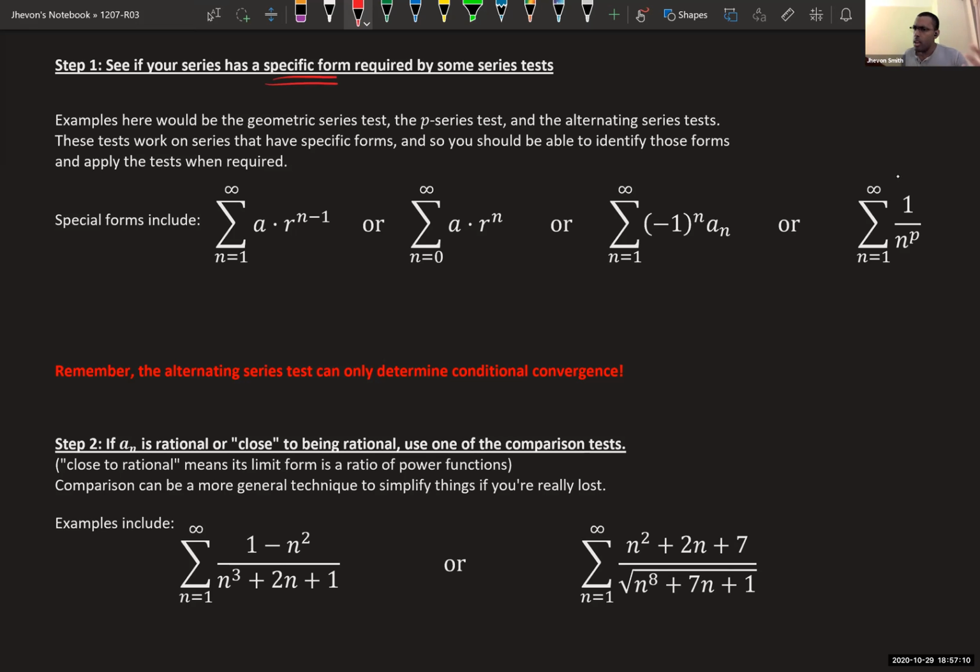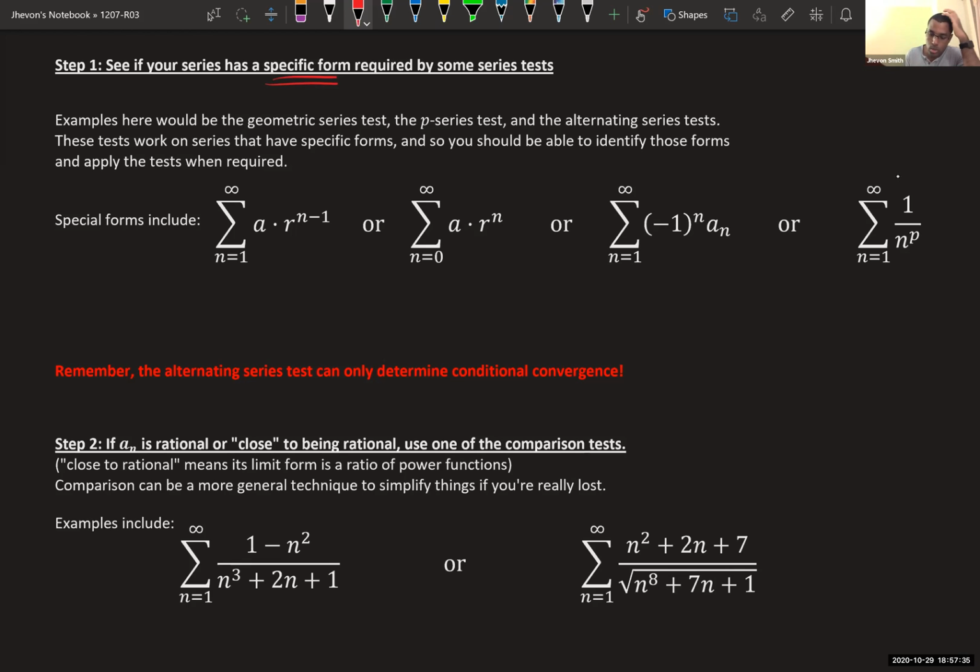A p-series, very specific form, 1 over n to the p. So you are faced with a random series, provided that the test for divergence doesn't work out, and I didn't ask you exactly what it converges to, and you don't really care if it converges absolutely, conditionally, or whatever, then look for a specific form. There are a bunch of series in the table where it requires a specific form to apply.